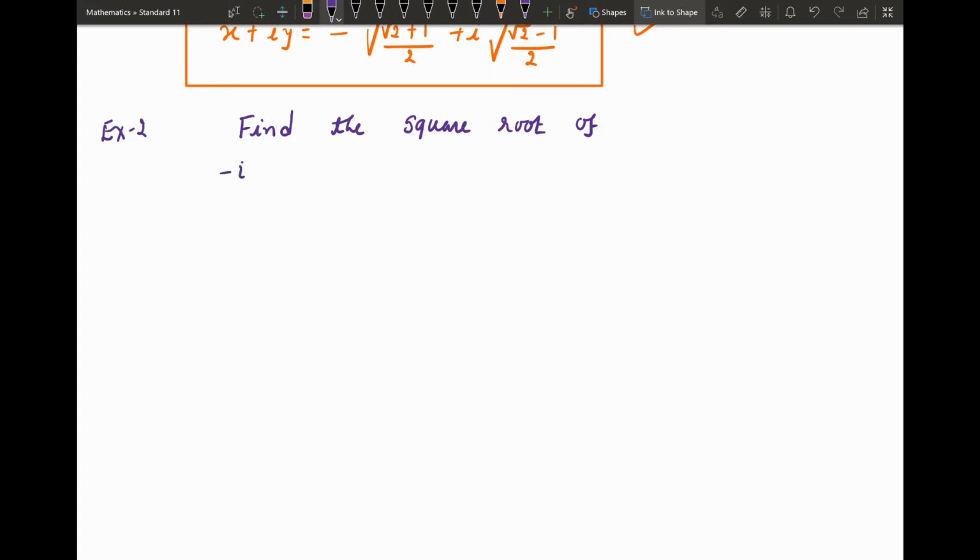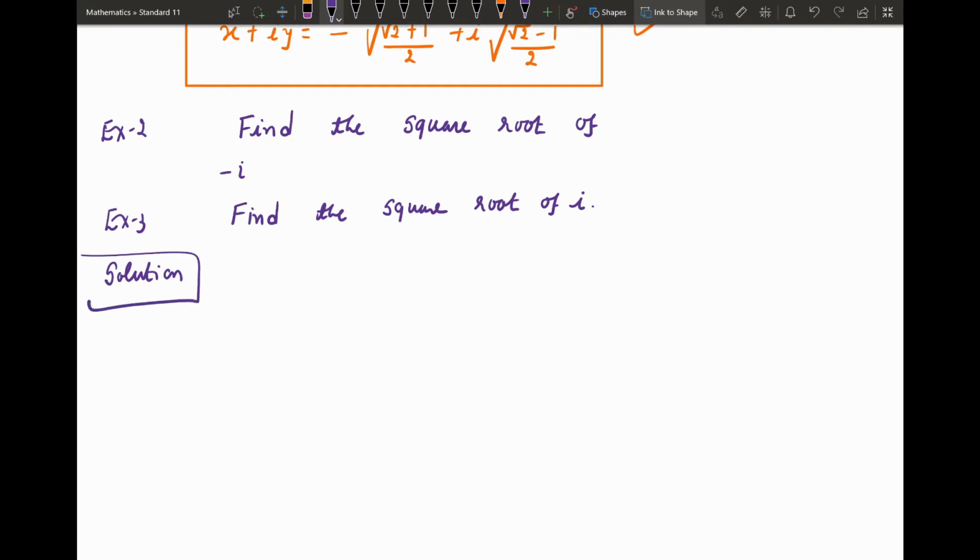This you can complete in homework. According to our method, we will find the square root of plus i. Let us find the square root of plus i.